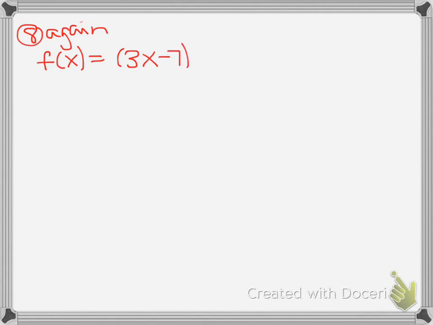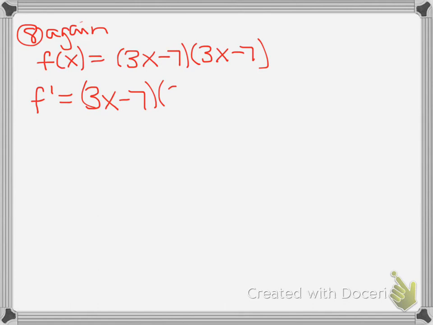So when we look at number 8 again, you're going to see, okay, so if I were to do f of x, which was 3x minus 7 squared, or I'm going to write that as 3x minus 7 times 3x minus 7, we can take the derivative using our product rule by saying front d back, and the derivative of the back is 3, plus back d front.